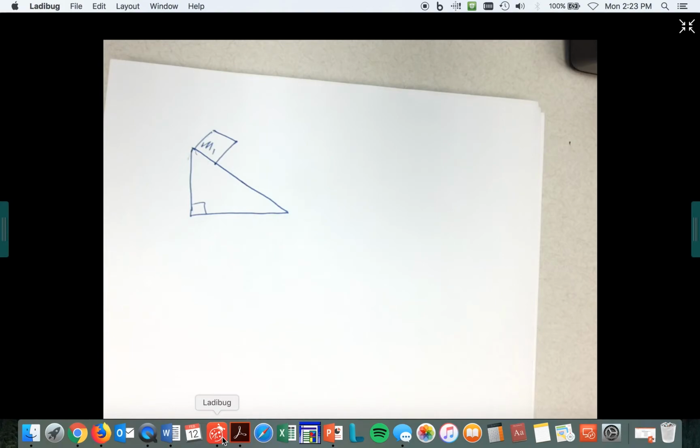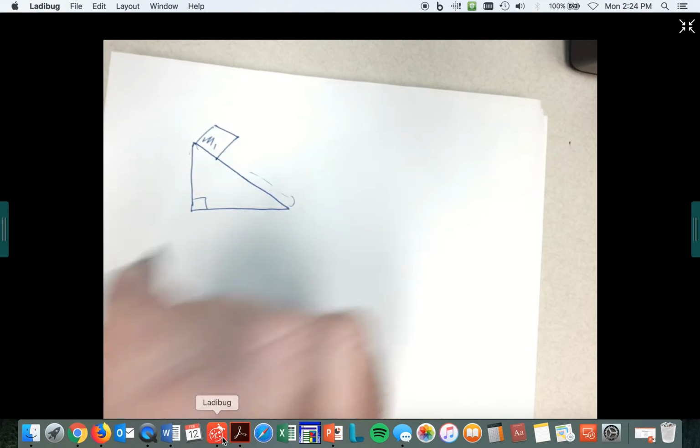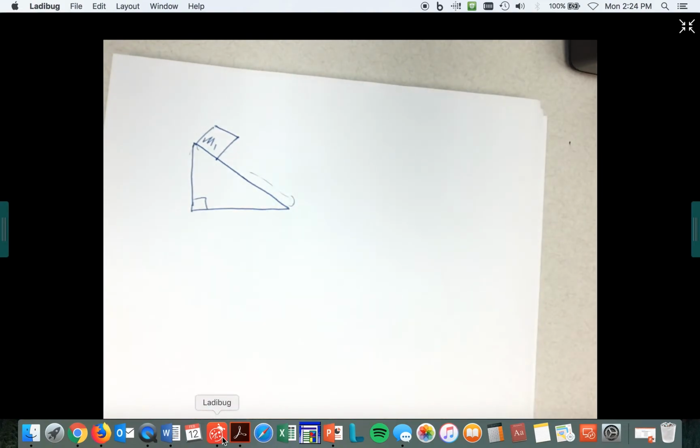So what's going to happen when I put this object on an incline? If there's no friction, it's going to slide down, and it's actually going to increase its speed, because gravity is going to pull it down. The only force pulling it down is gravity. So you might be saying, well, what's the force that's parallel to it?